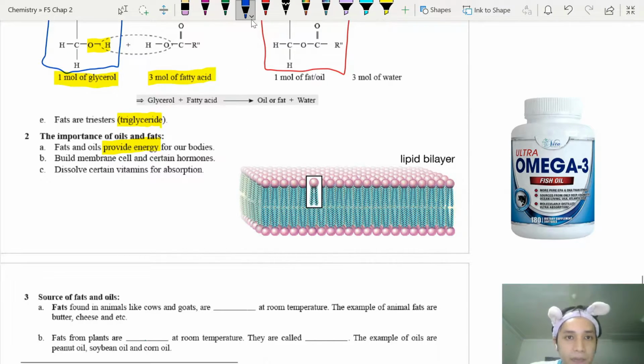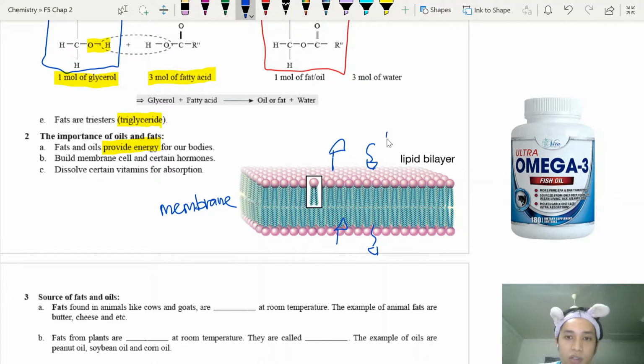And then, if you know this thing, this is actually your membrane. This whole thing is an example of your membrane. In our body, in our cells and tissues, we have membranes. These membranes allow substances to go in and out of your tissues or cells.